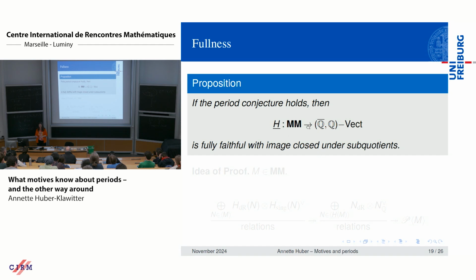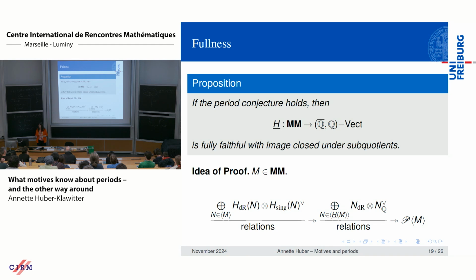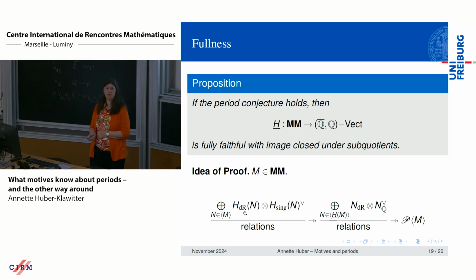This statement is not hard to prove. I can give you the idea. Here, this thing on the left is my definition of the formal period space of M. We have this vector space, and then the relations coming from morphisms of motives. And it has a surjective map to the actual period space. Then I can put something in the middle, which looks very much like the formal period algebra, but doesn't use motives, but rather these Hodge-de Rham structures.